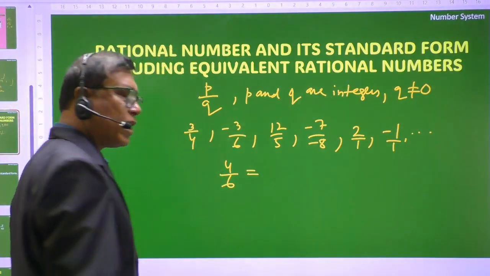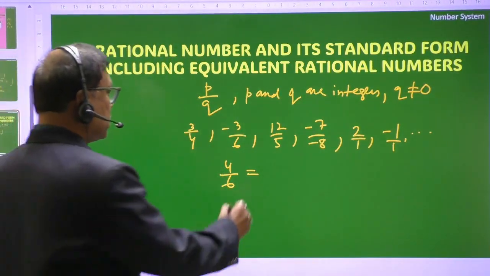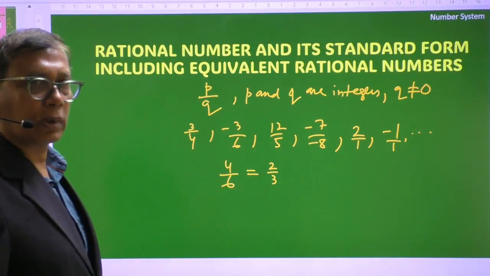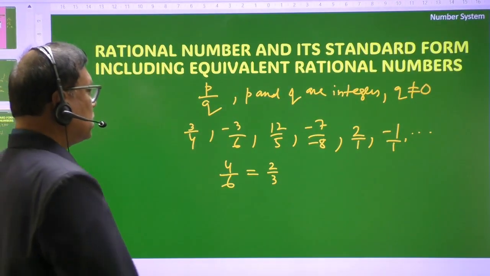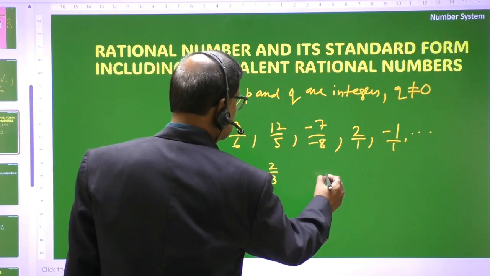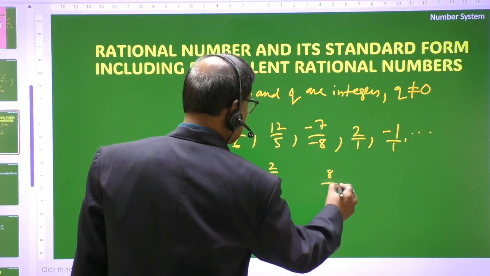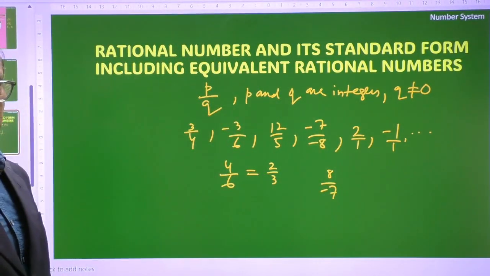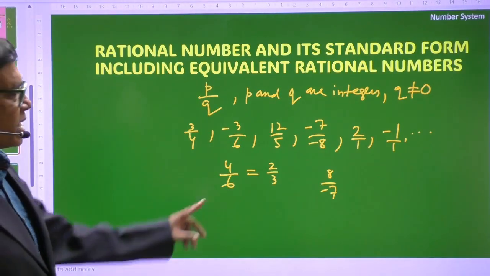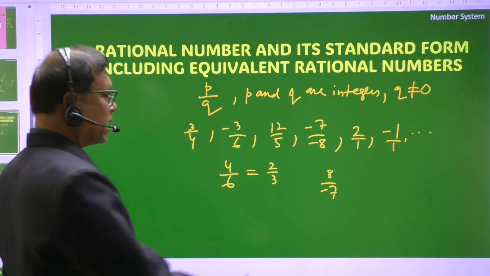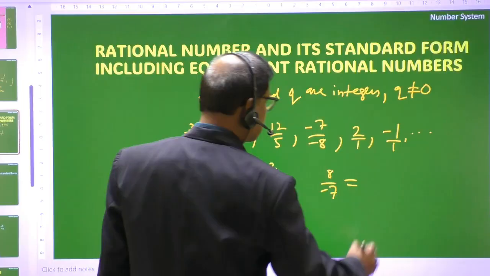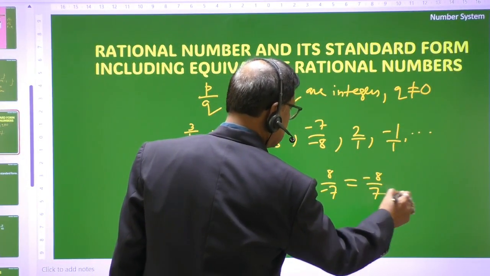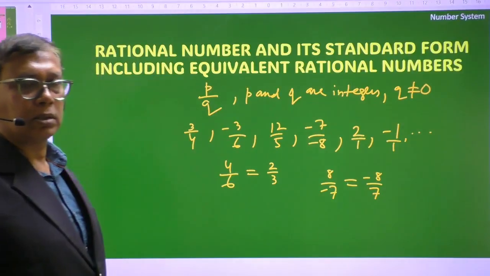If we want to express it in standard form, it will be 2 upon 3. Yes? Similarly, 8 by -7: if I consider this rational number, it is not in standard form. But if we want to express it in standard form, we have to write it like this. Is it clear?